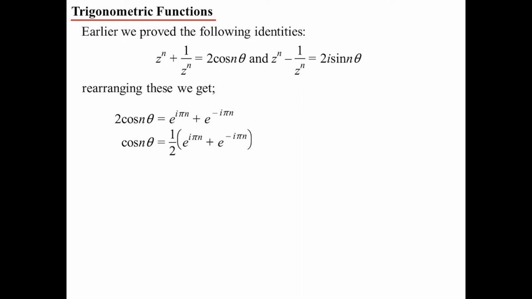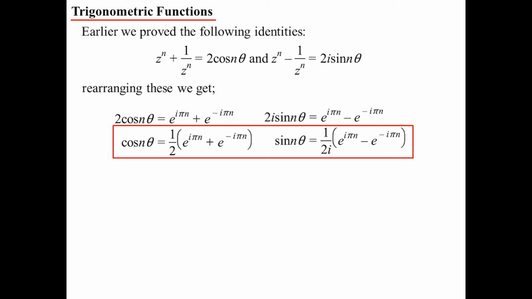So cos nθ is a half of e to the iθn plus e to the minus iθn. And we can do a similar thing with the sine one, and we get sin nθ is 1 on 2i, e to the iθn minus e to the minus iθn.